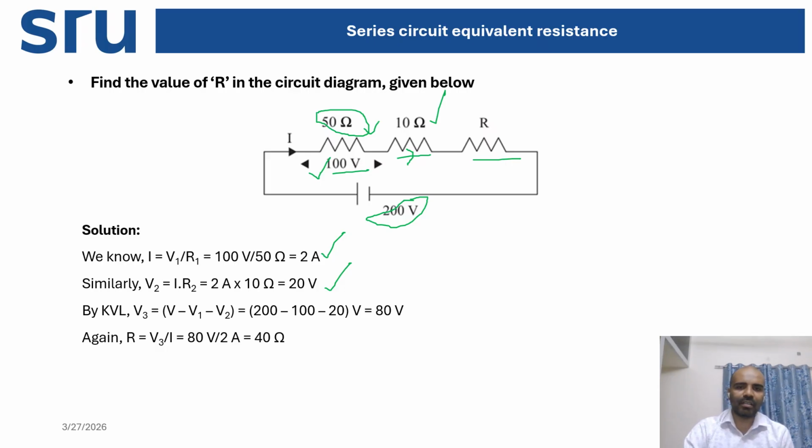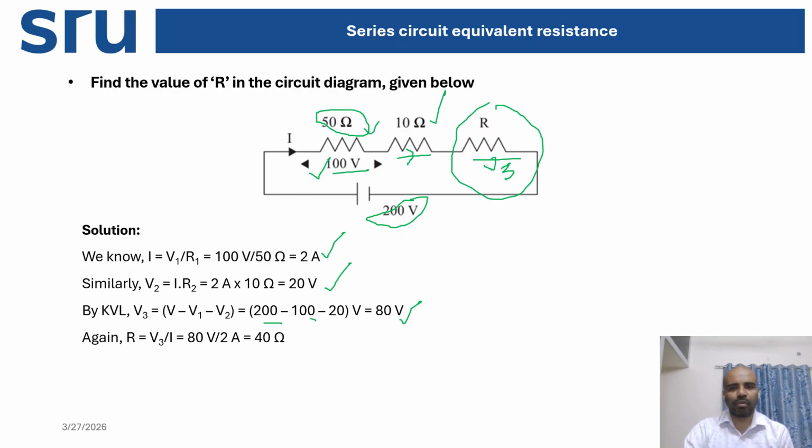Suppose this is V3, the voltage drop across this unknown resistance R, then V3 will be V minus 100 minus 20. So the supply voltage V is 200, the voltage drop across the 50 ohm resistor is 100, and across the 10 ohm it is 20. So the voltage drop across this unknown resistance R3 is 80 volt.